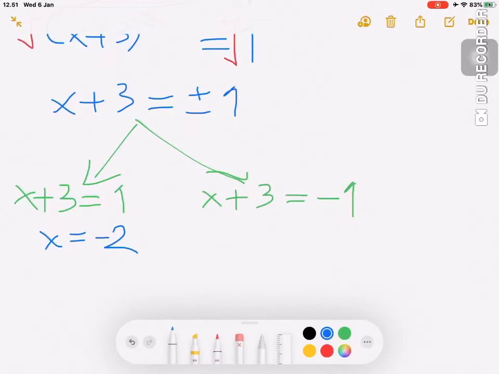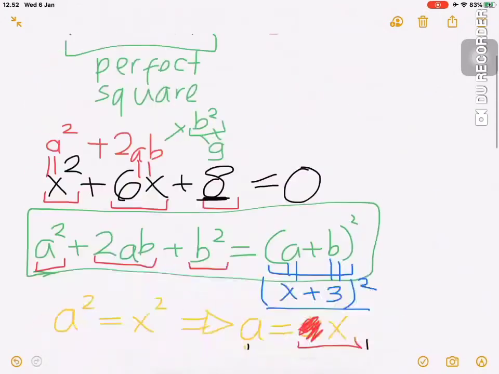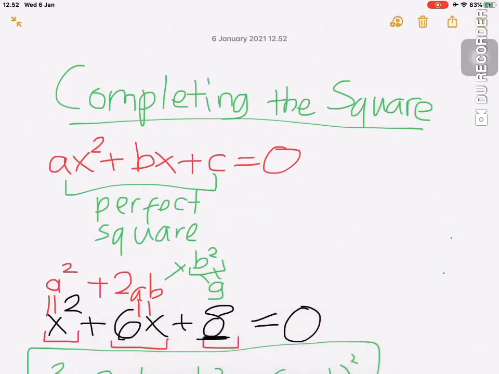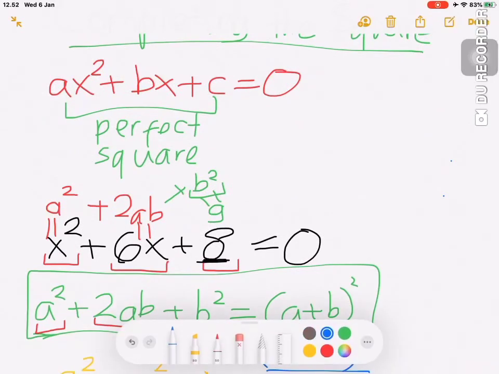Of course you can just solve this real quick, and you get that here x equals negative 2, and here x equals negative 4.